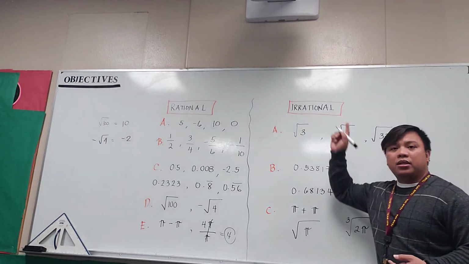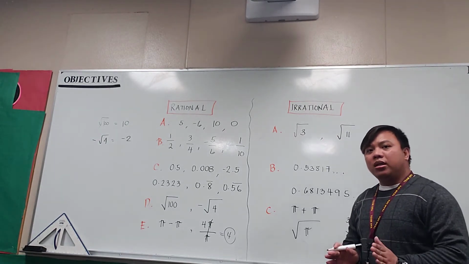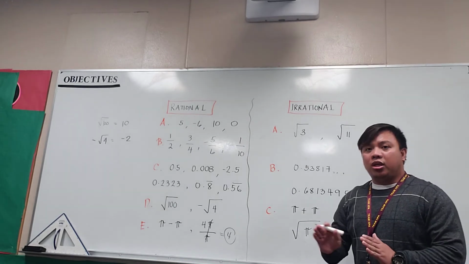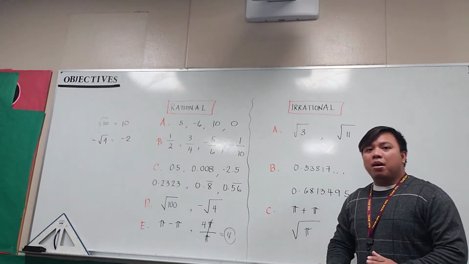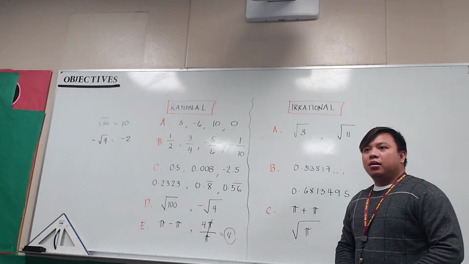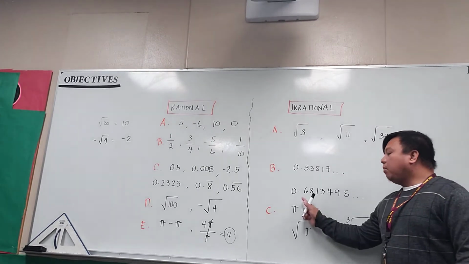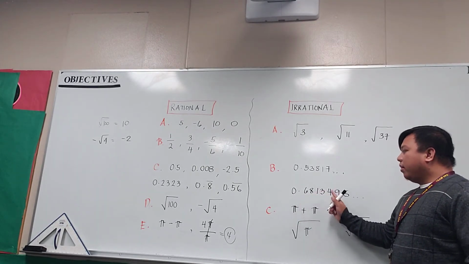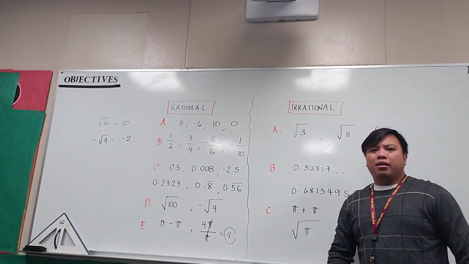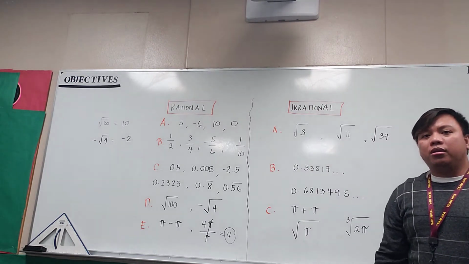That's why it falls under irrational. So if it's a decimal number, as long as that decimal is continuous and doesn't give me a pattern at all, there's no repetition of digits, then it's going to be irrational. Same thing with 0.6813495, no pattern at all, and it's continuous, so it's going to go with irrational numbers.